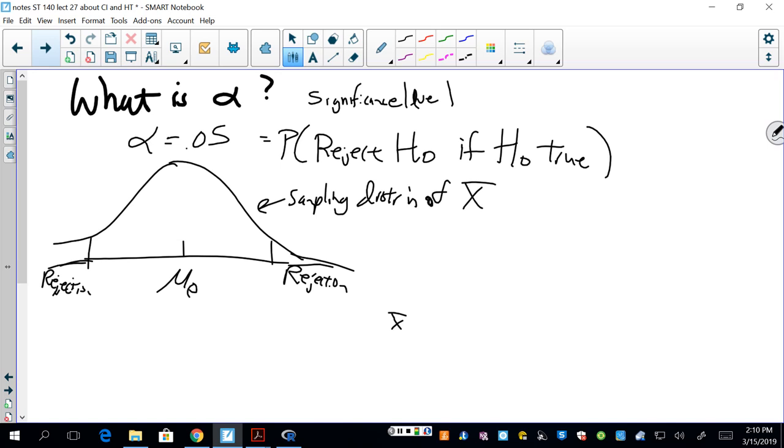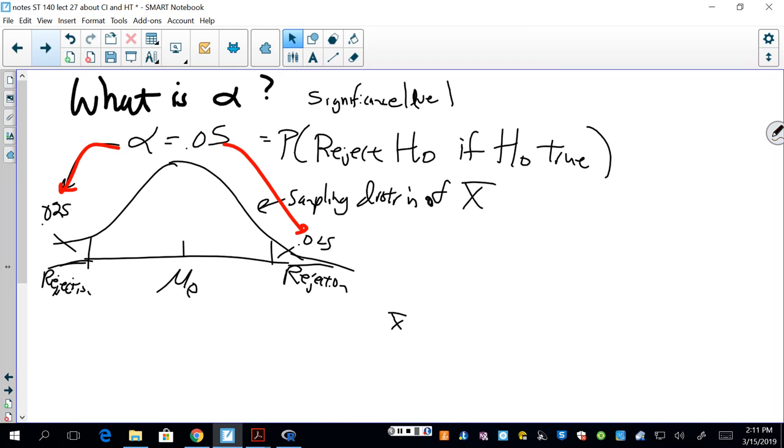We set it up so that if we really are supposed to be here, and this is really the sampling distribution, most of the time we're going to be close by, sometimes we get an extreme value, right? 5%, so 2.5% out here, 2.5% out here. The alpha tells us to make it that percentage out on the edges.